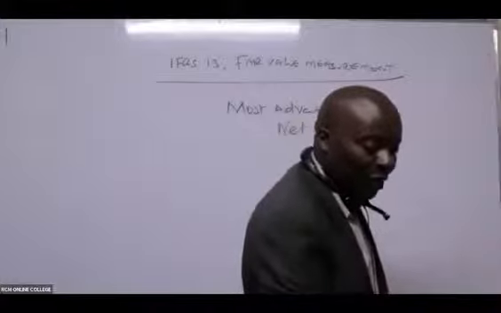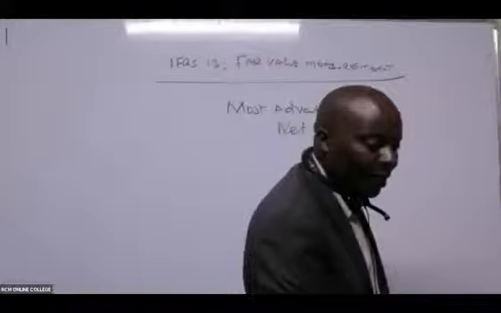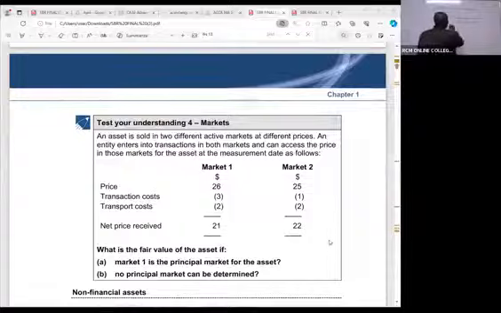Like in our case here, if you look at the net selling prices, 21 and 22, market 2 is the most advantageous market because 22 is higher.